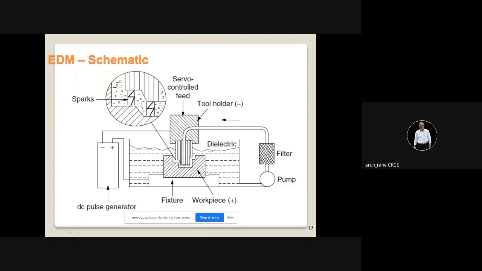So the dielectric is recirculated with the help of a pump, and this filter will remove the debris, and the pure dielectric flows. It passes to the center of the electrode and comes out from here. The entire workpiece assembly is kept submerged in a tank. The dielectric is collected from the bottom of the tank and recirculated.